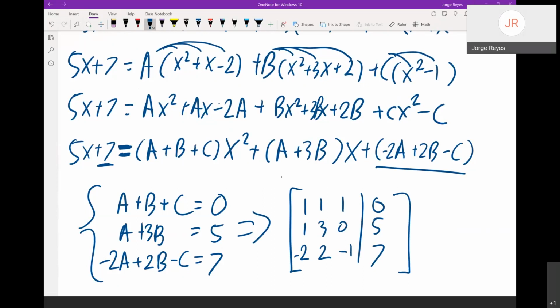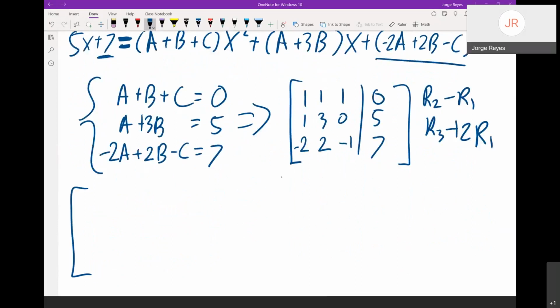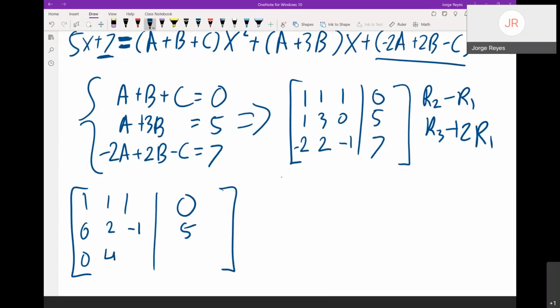I'm going to do row 2 minus row 1, row 3 plus 2 row 1. 1, 1, 1, 0, 0, 0, 2, negative 1, 5. So I'm going to multiply by 2 and add. That's going to give me a 4, a 1, and 7.